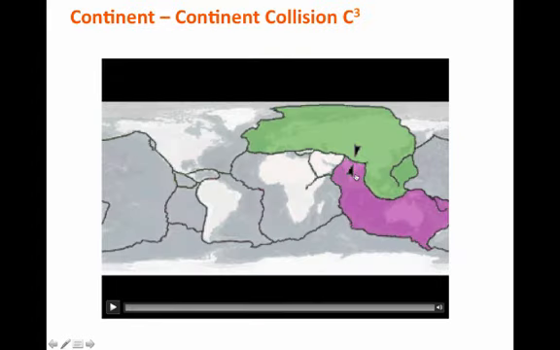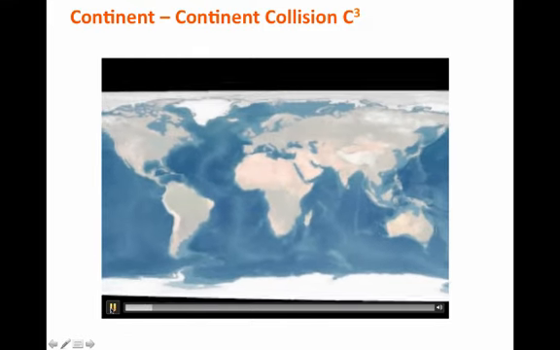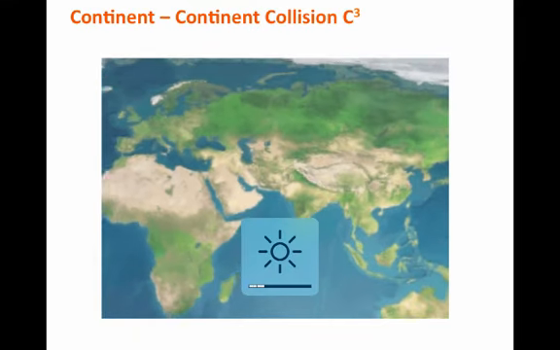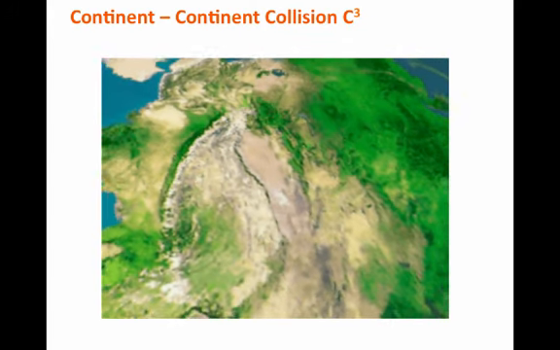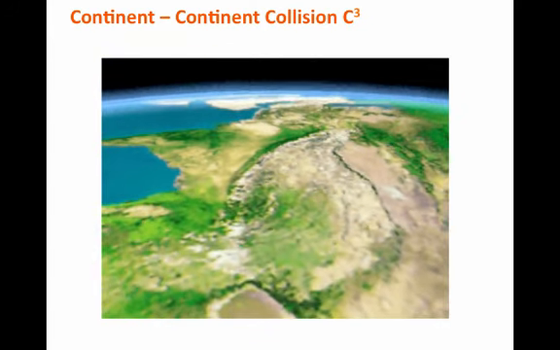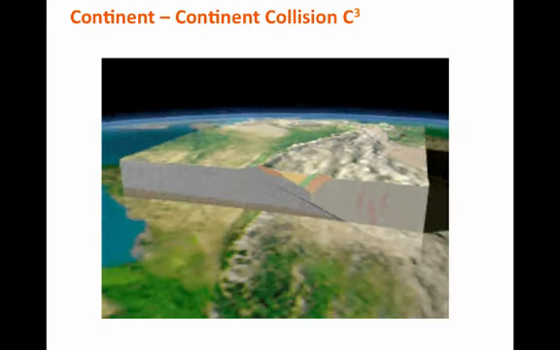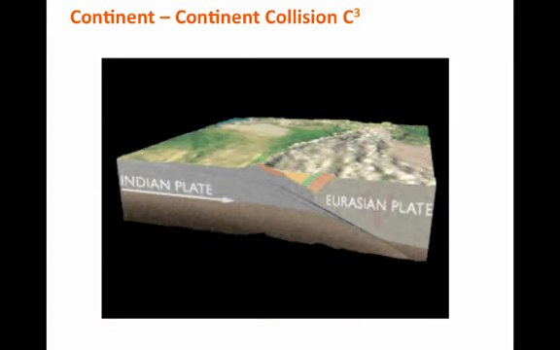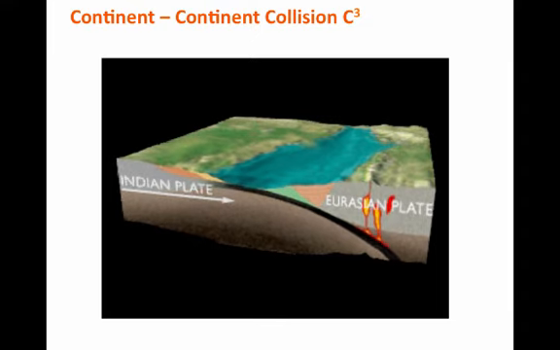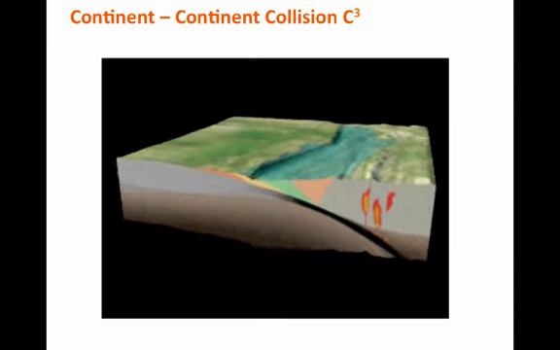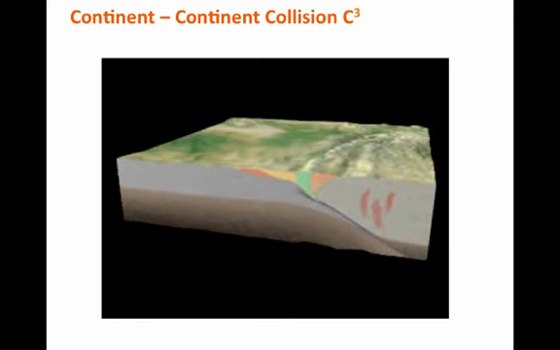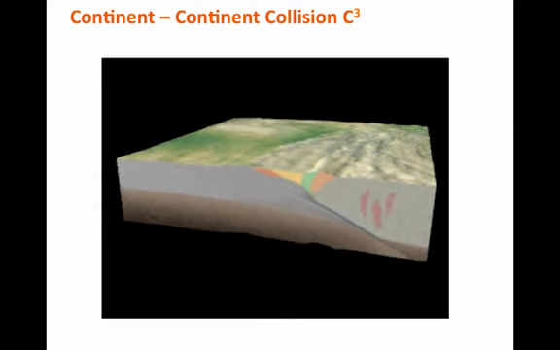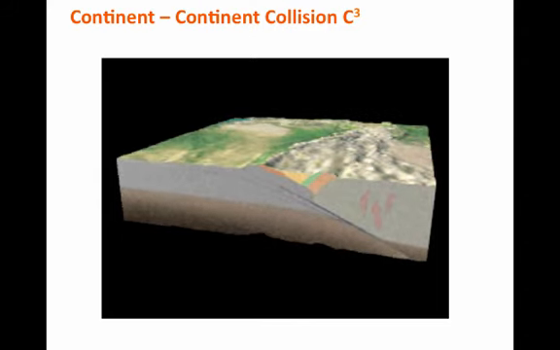And if we get a little closer to the Himalayas, again, I know this is a bit pixelated, but it's still a nice animation. So we see the Indian continent approaching the Eurasian plate, closing the ocean in between them, pushing some of the continental shelf sediments up on top of the mountains and forming this huge mountain system called the Himalayas, which is still rising since India is still pushing.